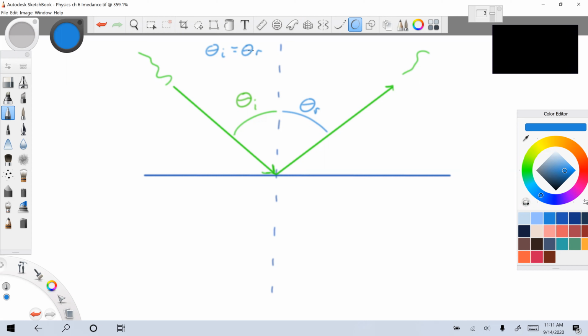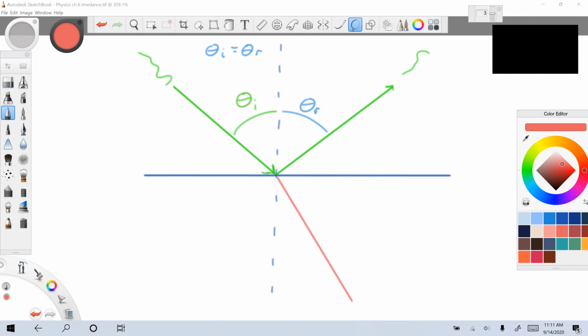So I've already drawn that angle. Transmission. Okay, this is where it gets fun. Let's use another color here. I could have a transmission of, maybe let's do it like this.